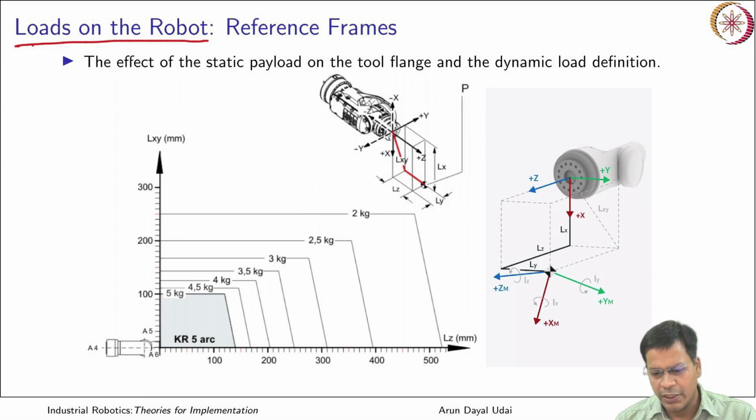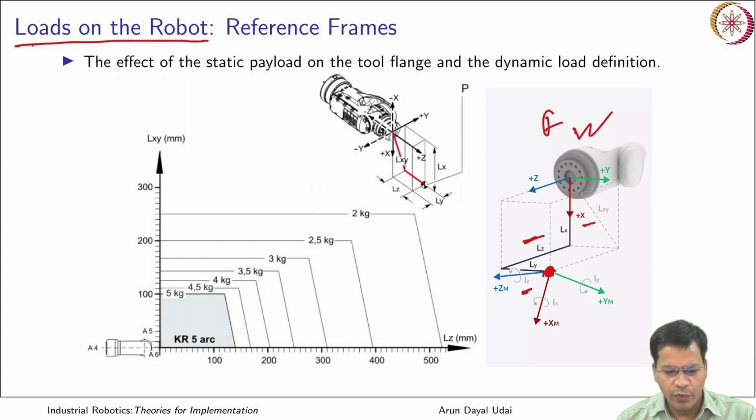This is the center of gravity location of the payload, defined with respect to the tool flange. This is the X offset, Z offset and Y offset. All three together will take it to this location, which is defined precisely with respect to the tool flange.